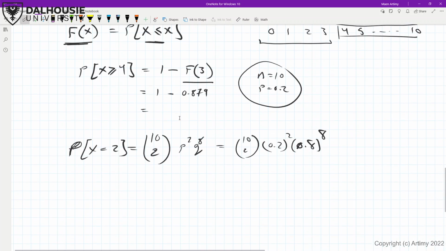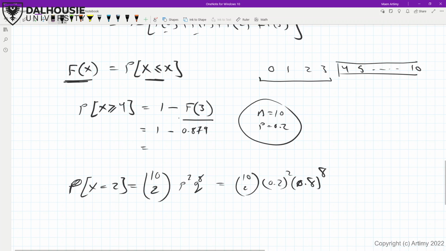But I can also use the tables, maybe I don't have a calculator, or if I got practice enough, I could do everything using the CDF. So I'm looking for the probability of x equal 2, which is this probability. The CDF always gives me something less than, right? It doesn't give me an actual single number. It gives me a range.